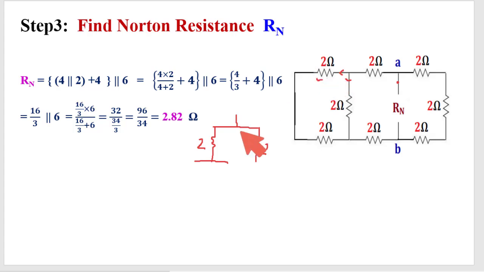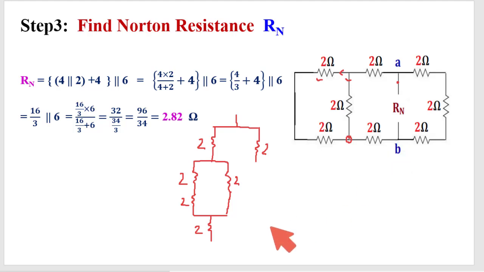This one I am drawing here, 2. Next, another path I am drawing here, this is 2. These two are connected in series with this 2, so another 2 is here, and these two and these two are connected at a particular point. From that point, one 2 ohm resistance is connected.